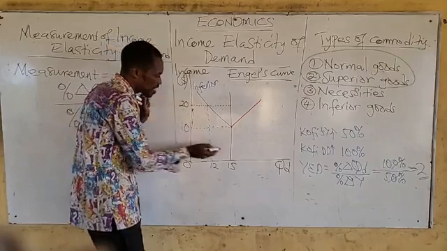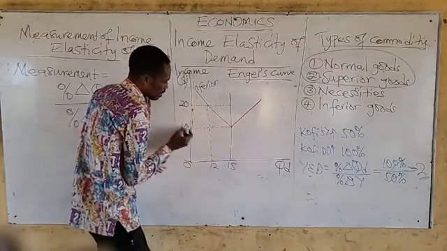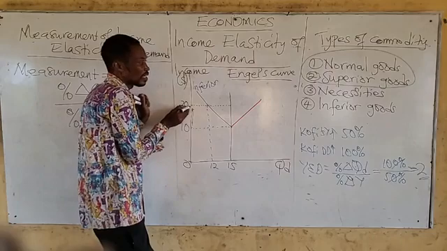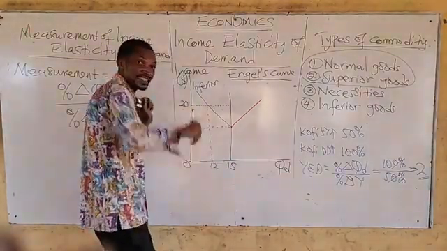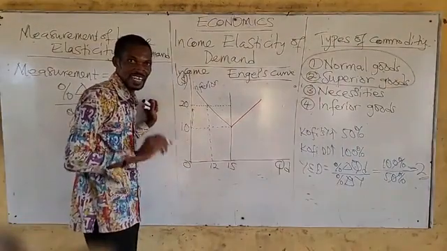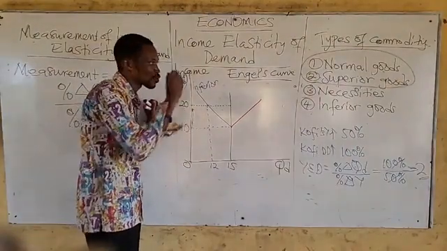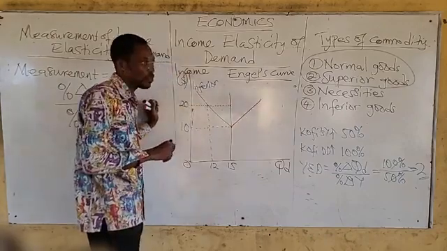Earlier on, he was buying 15 units of this particular commodity. Now his income has gone up to 20. Let's see how many he is buying. You see that it touches the curve, and trace it. He's buying the same quantity. He hasn't changed his quantity. So surely this type of commodity will also be here. And which type of commodity is that?